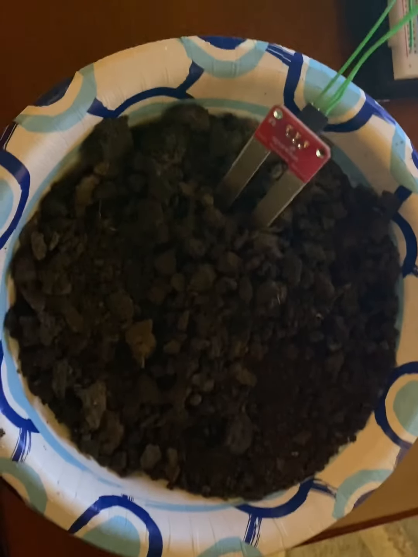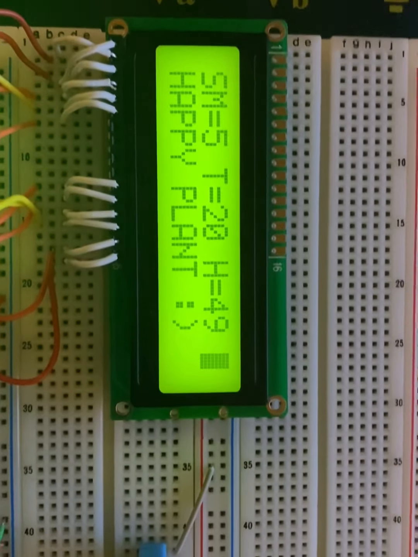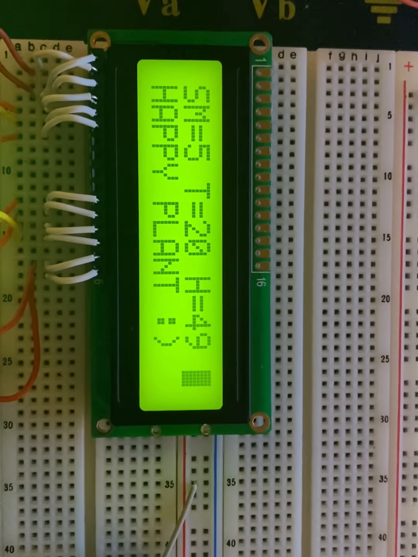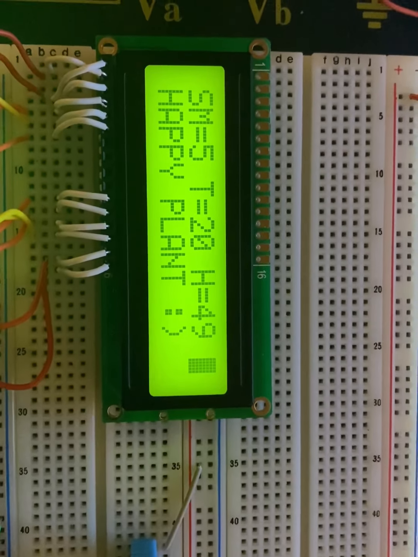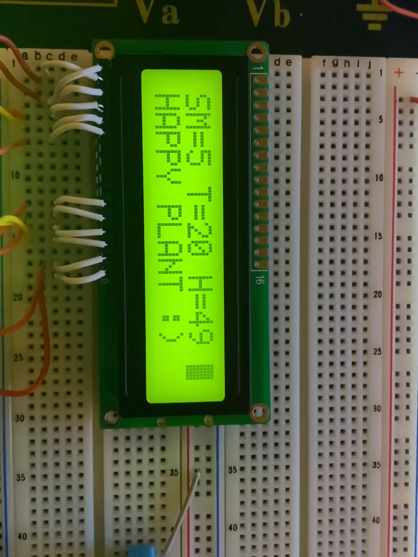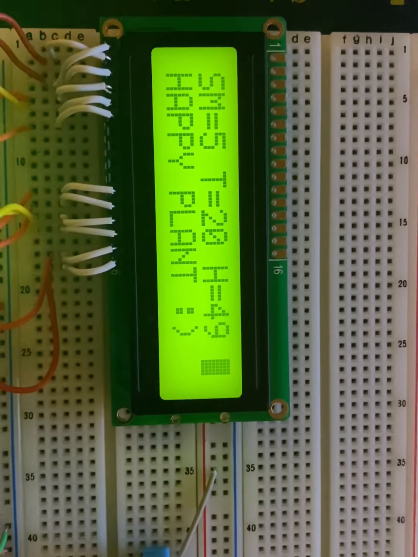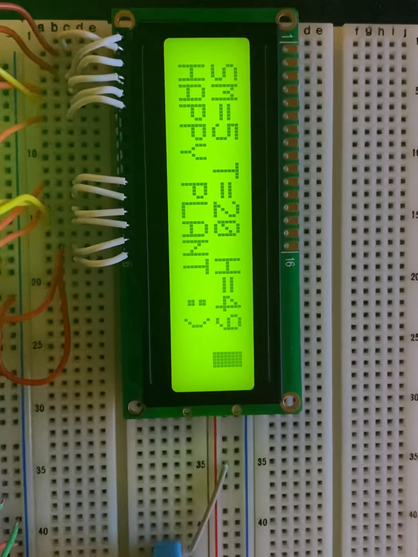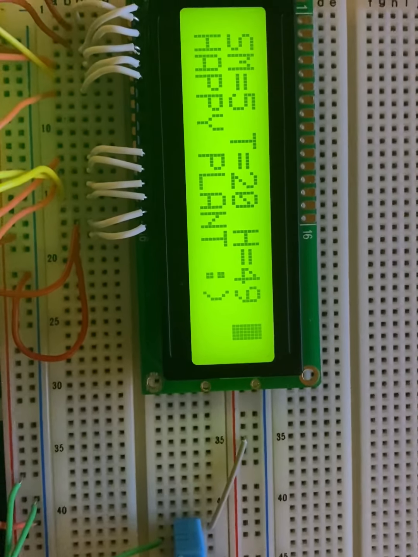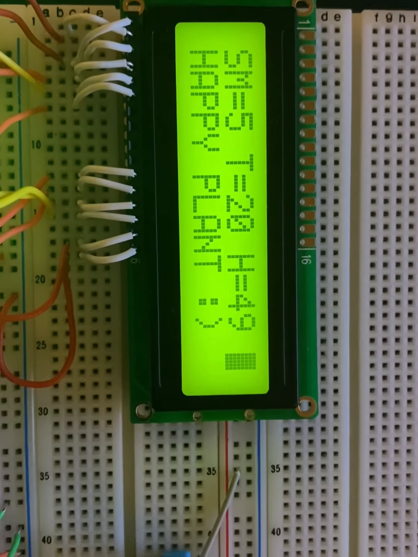But the effect I want you to focus on is how the soil moisture sensor has gone from level 0 moisture to level 5 moisture, which means it's in the ideal range of soil moisture content for the plant. And because the temperature and humidity are within ideal ranges for the plant as well, the suggestion shows that it's good, it's a happy plant.